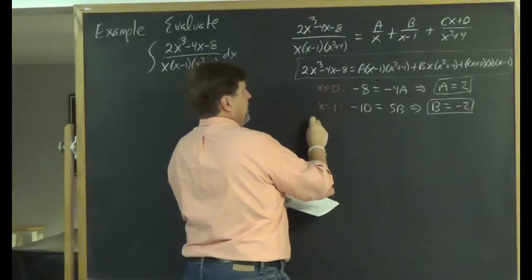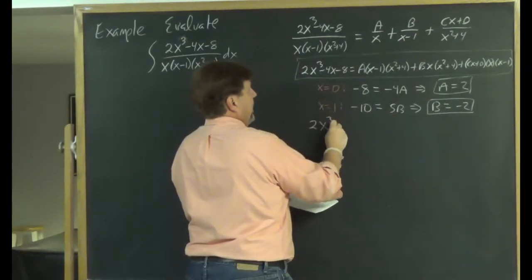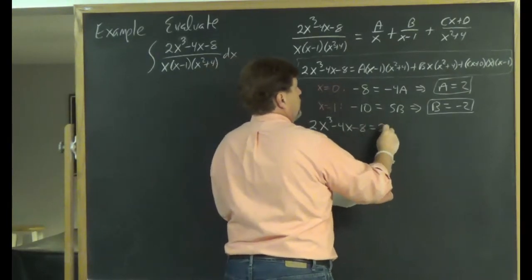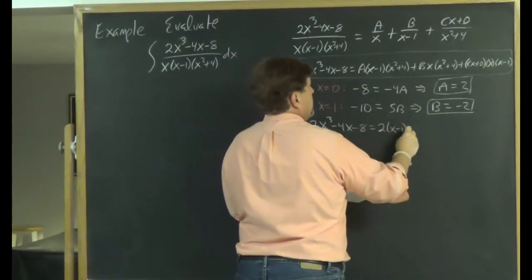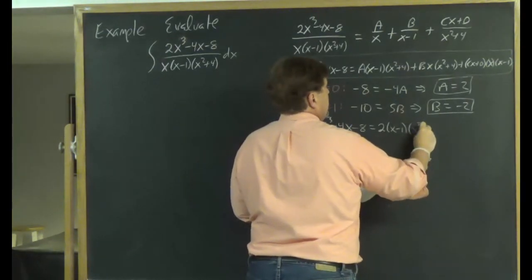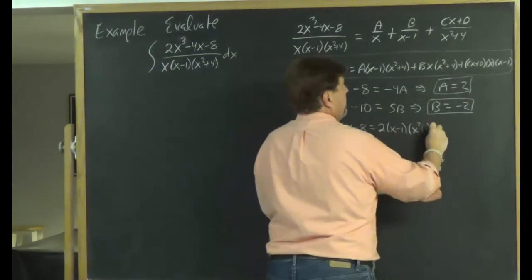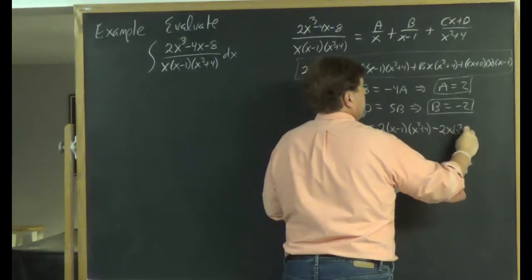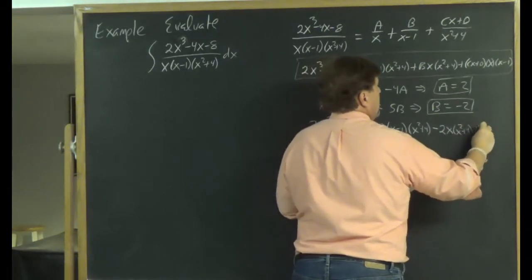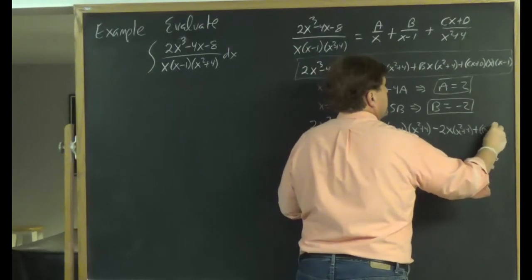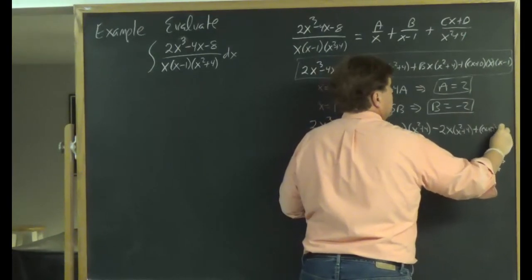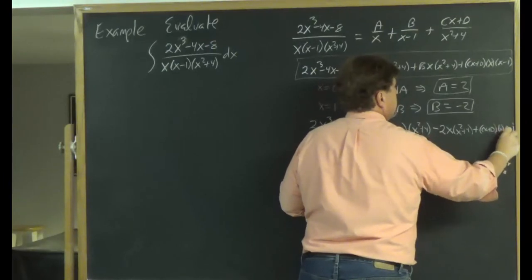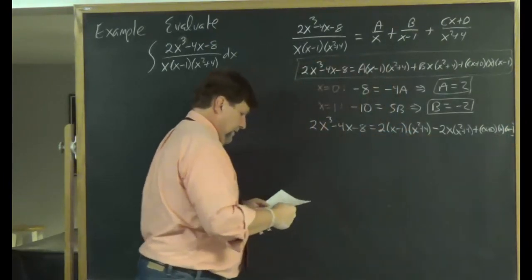So I'm going to rewrite this equation: 2x cubed minus 4x minus 8 equals 2 times x minus 1 times x squared plus 4 minus 2x times x squared plus 4 plus cx plus d times x minus 1. Just barely had enough room to get that on there.